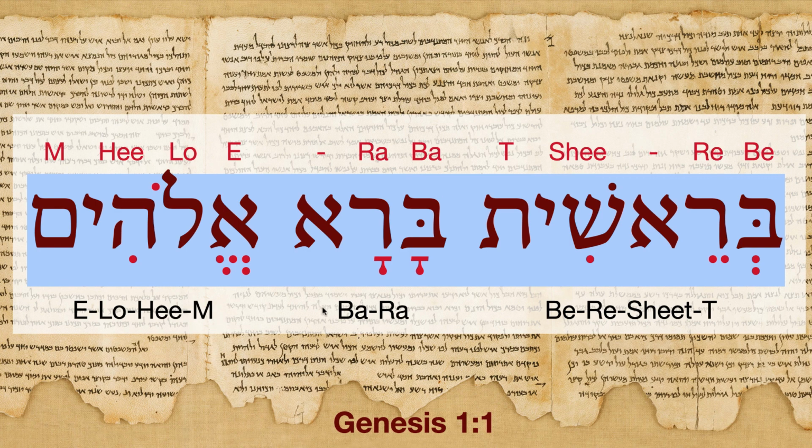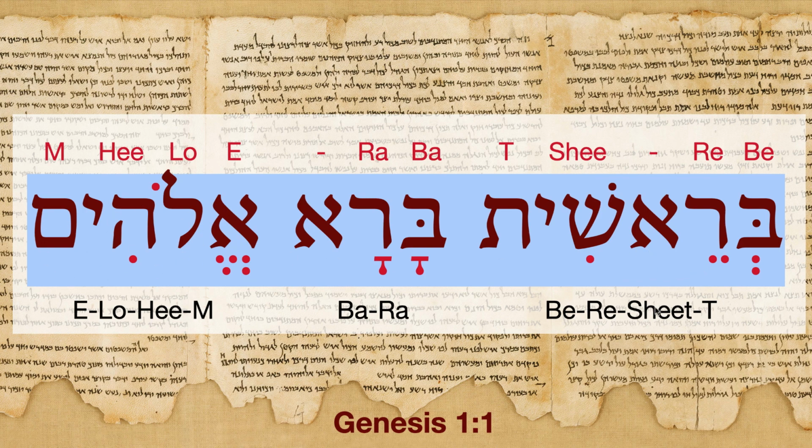Bereshit bara Elohim, meaning in the beginning created God. Well, God created. Again, this will bring us to the sentence structure. In some other video, I will cover how the Hebrew sentence structure differs from the English sentence structure. You can see the verb coming before the subject here, Elohim.